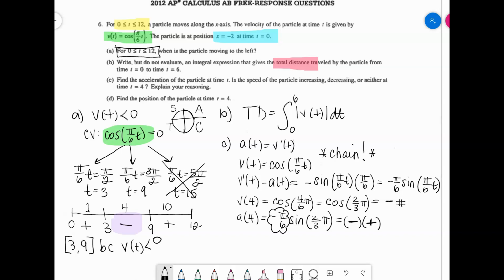So a negative times a positive is also going to give us a negative number. Now, because signs are the same, we have a negative velocity and a negative acceleration, this particle is speeding up. So we would write speeding up or speed is increasing, because velocity at 4 and acceleration at 4 have the same sign.